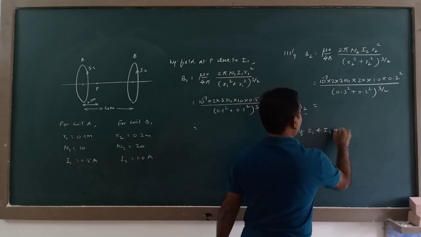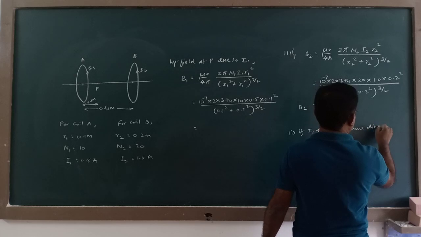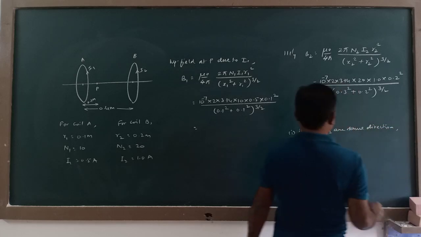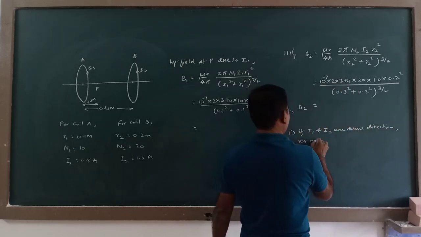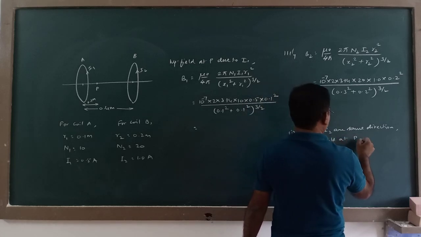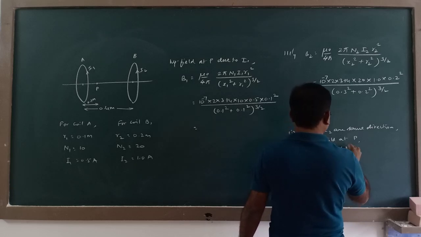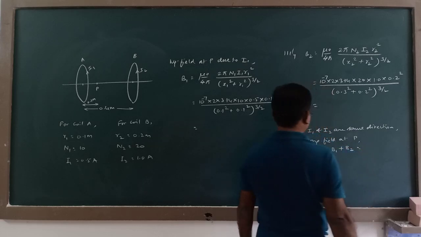Next, if I1 and I2 are in same direction, resultant magnetic field at P, B is equal to B1 plus B2. You find that.